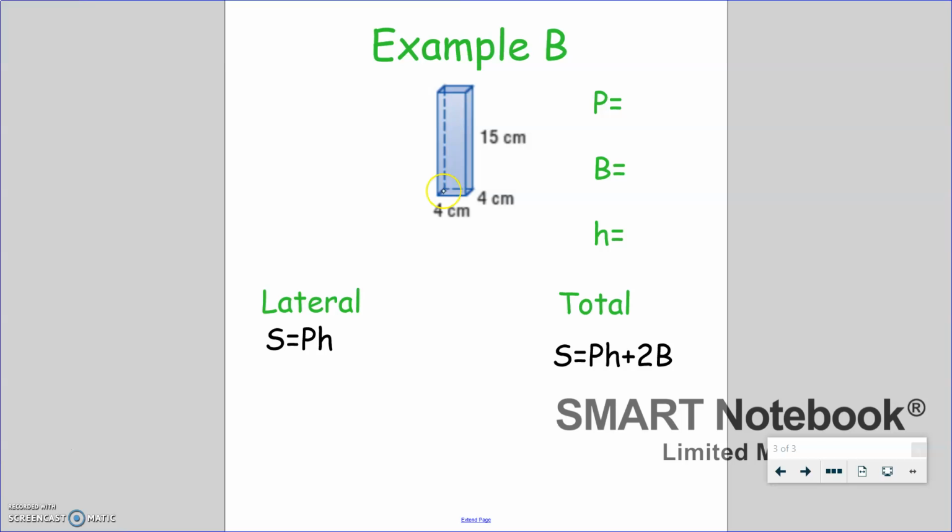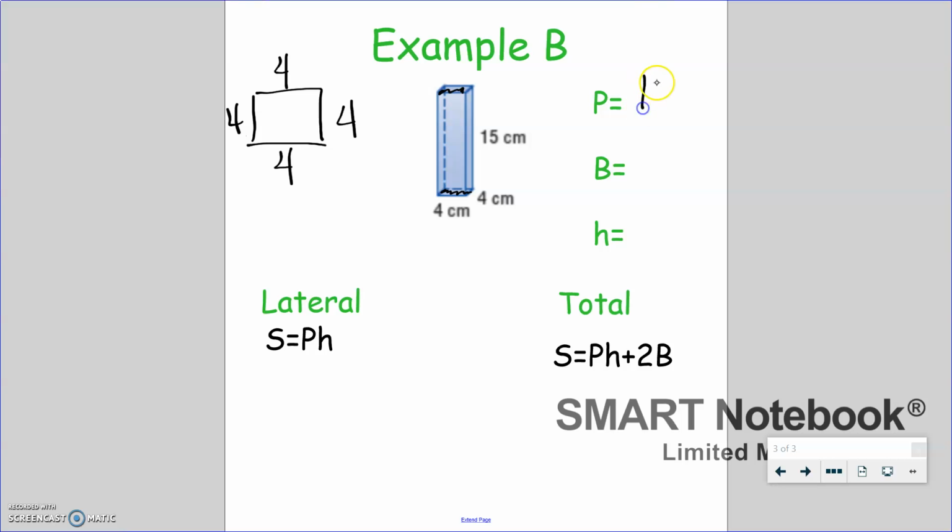All right, so the first thing I'm going to do is shade my base. Then I'm going to draw and label my base. Okay, 4 and 4. So first I need to find the perimeter of the base. And remember, the perimeter of the base is to add all sides together. So when I do that, I'm going to add 4 and 4.